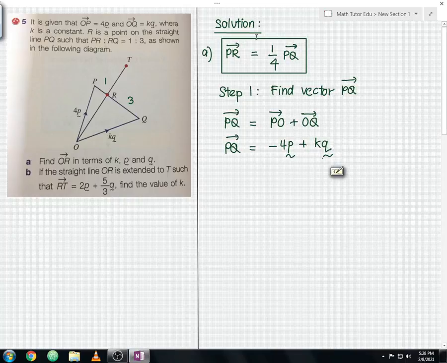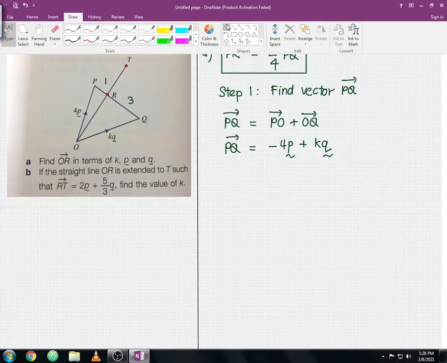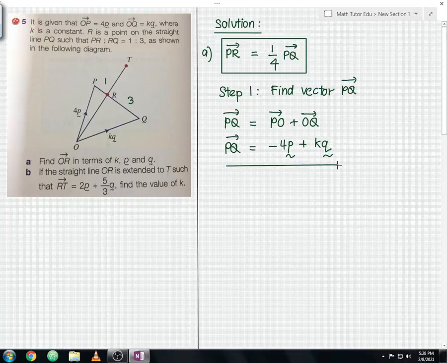Let me underline the vector PQ. Using this vector PQ, we're going to proceed to find the vector PR using this relation. That will be our step 2, guys. Our step 2 will be finding the vector PR.